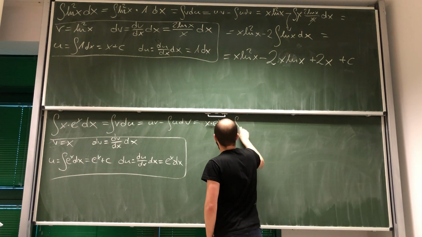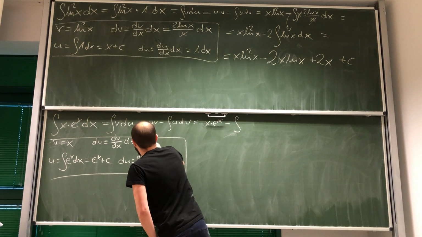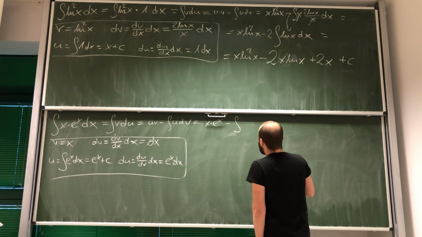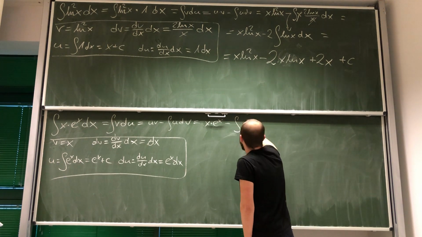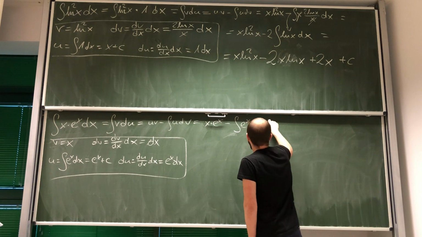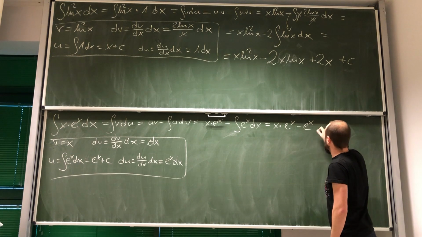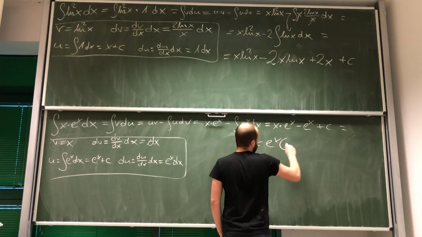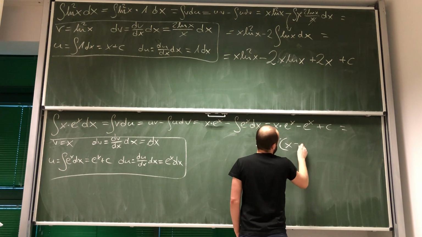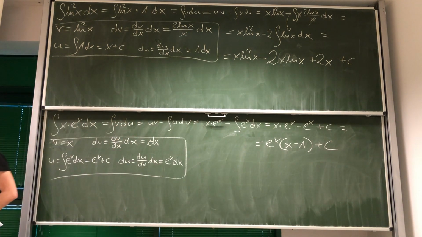And now minus integral, of course here is just dx, a minus integral of e to the power of x dx, which is equal to x times e to the power of x minus e to the power of x plus c, or simply e to the power of x times x minus 1 plus c. Okay, so this is it.